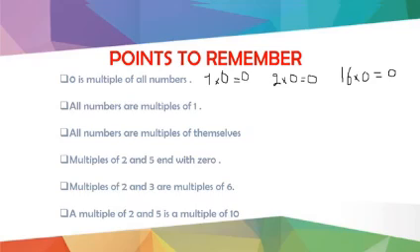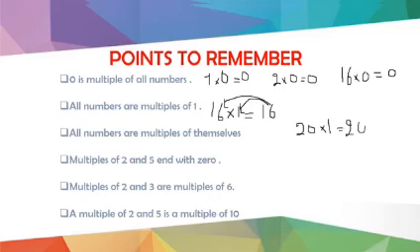All numbers are multiples of 1. Why? Since if we multiply any number by 1, we'll get the same number. For example, 16 by 1 equals 16. So 16 is a multiple of 1 and also 16 is a multiple of 16. 20 by 1 equals 20.